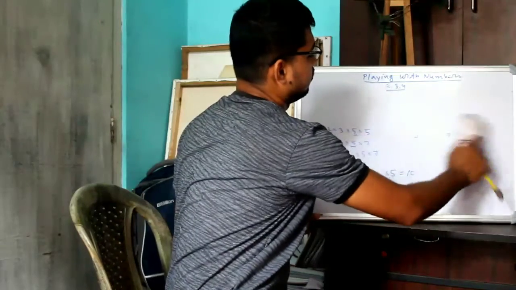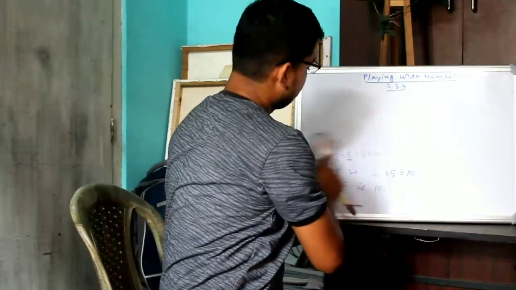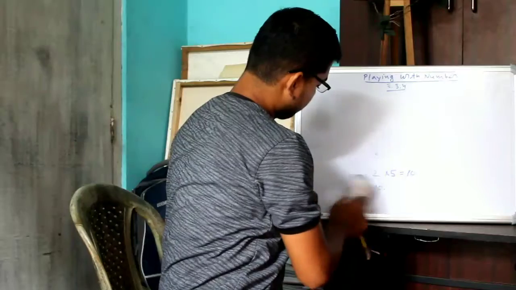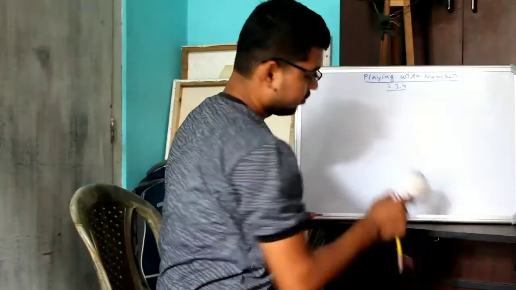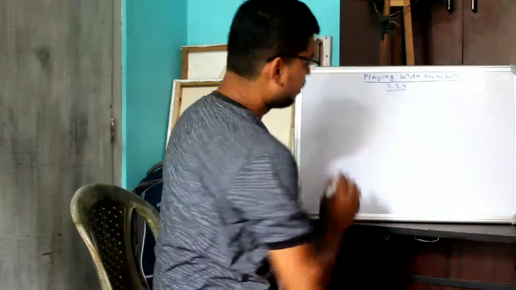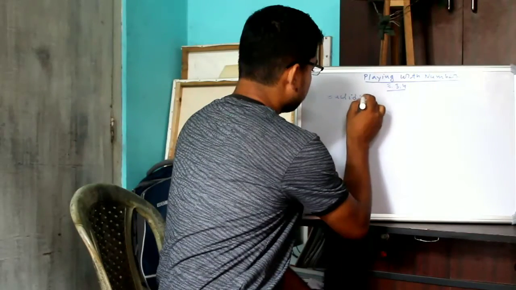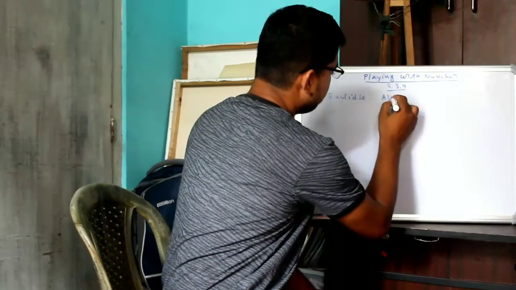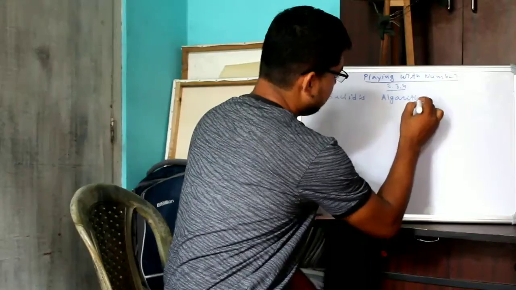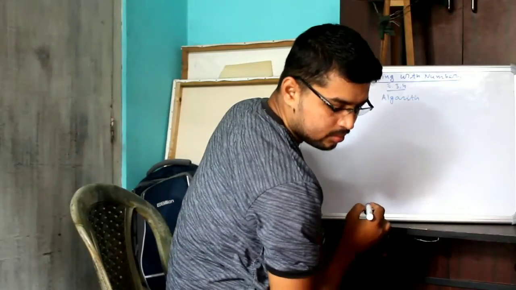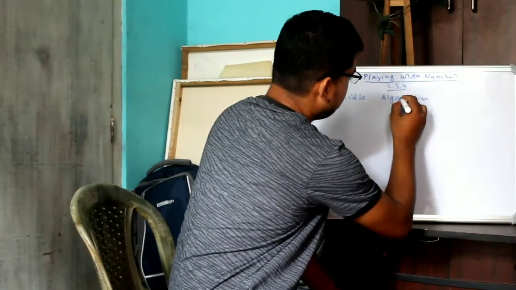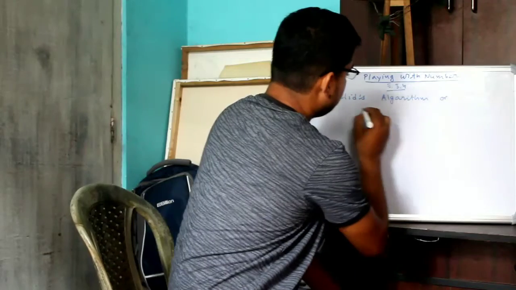Number 3: division method or Euclid's algorithm.